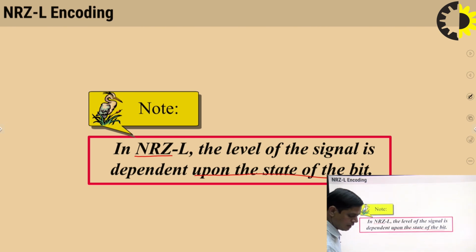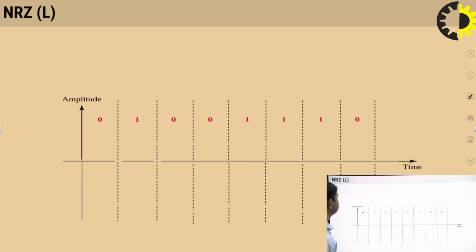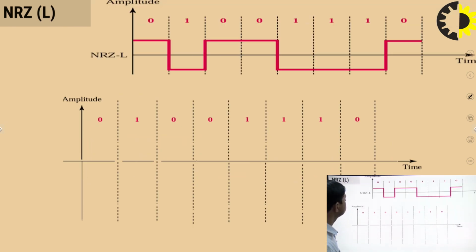How is it? Let us take an example. Now, after applying this NRZ-L, it will be like this. Now, how we are getting this? In this case, 0 will be treated as a hero, I will tell you what is the meaning of this, and 1 we will take as a 0.